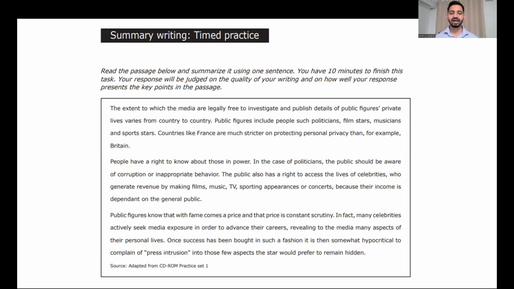Once success has been bought in such a fashion, it is then somewhat critical to complain of press intrusion into those few aspects the star would prefer to remain hidden.